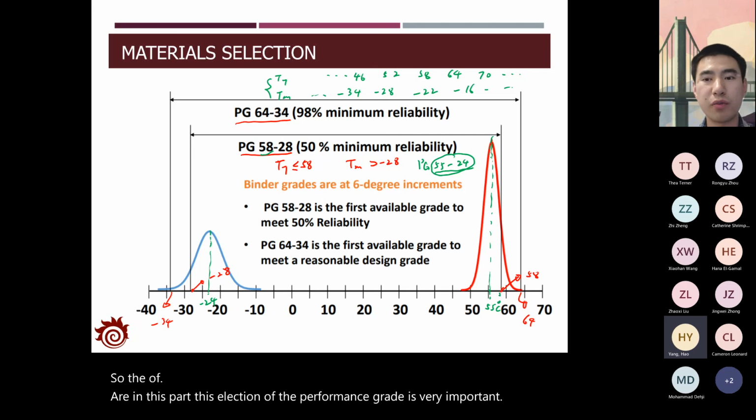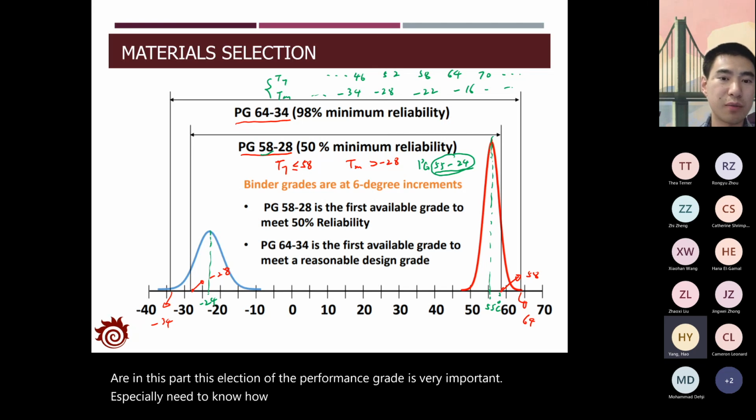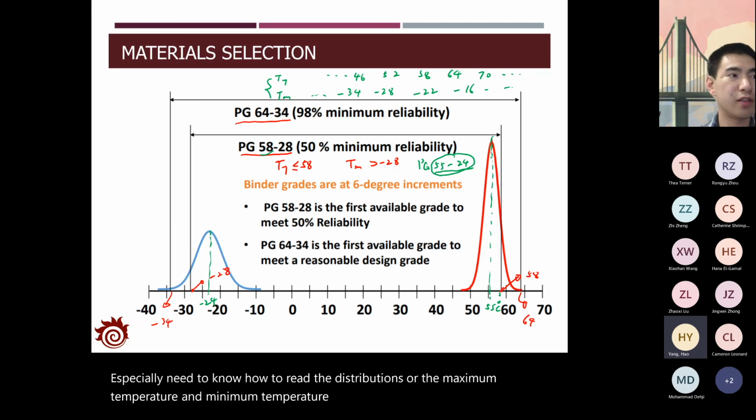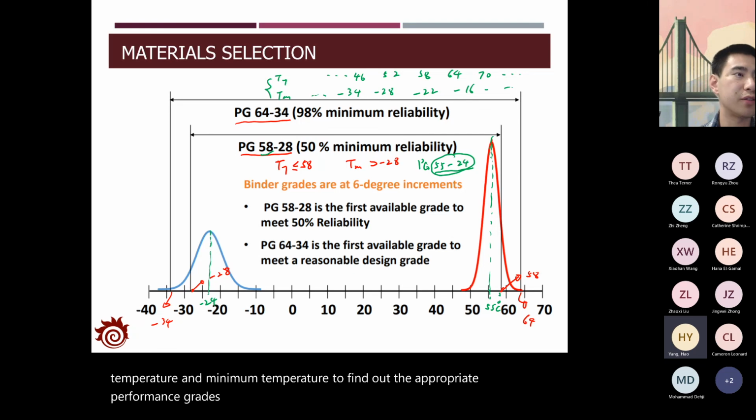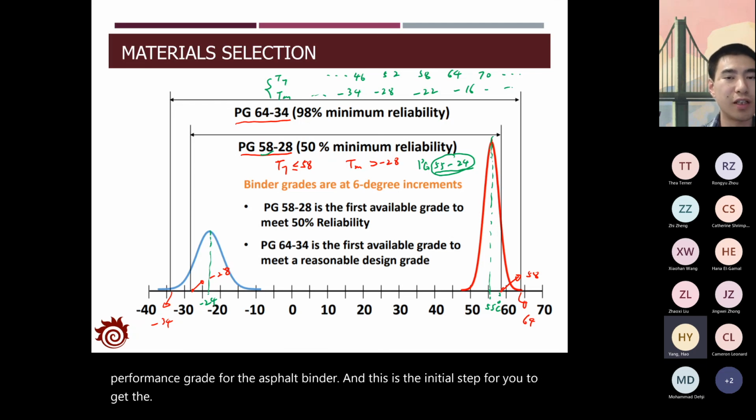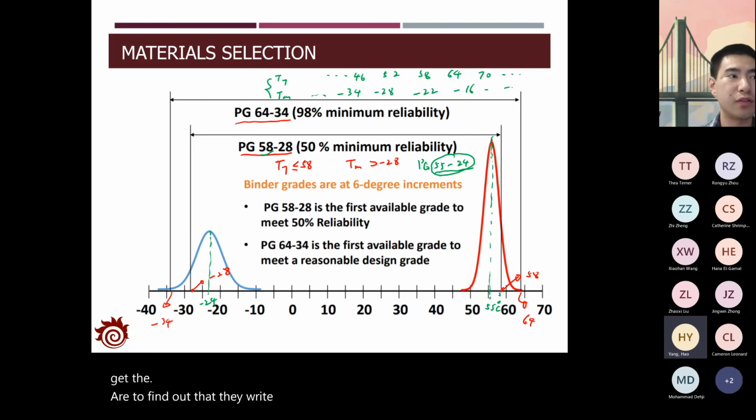Especially you need to know how to read the distributions of the maximum temperature and minimum temperature to find out the appropriate performance grade for the asphalt binder. And this is the initial step to find out the correct asphalt binder for the SUPERPAVE mix design.